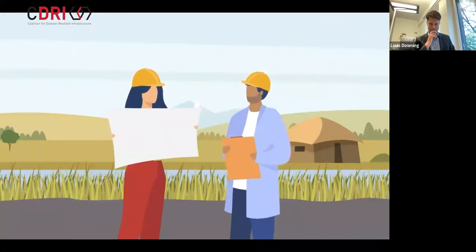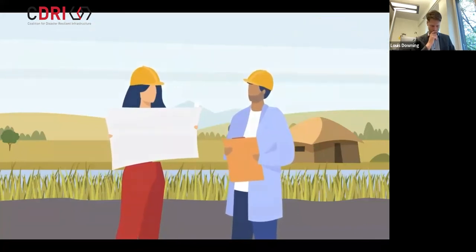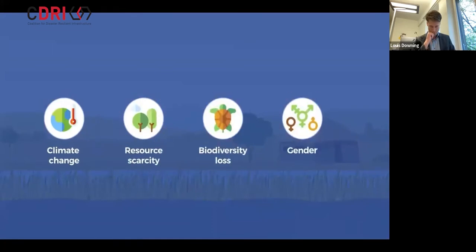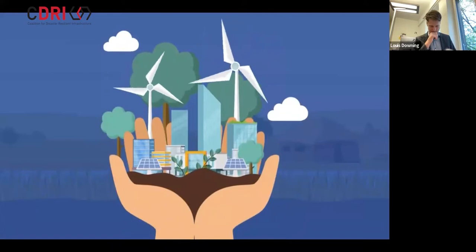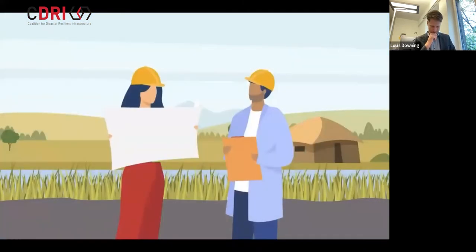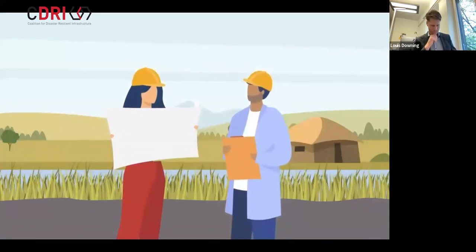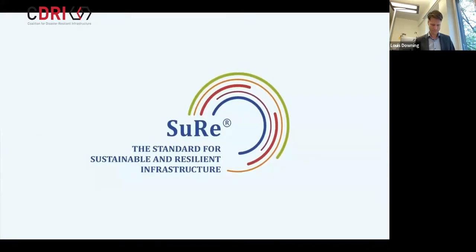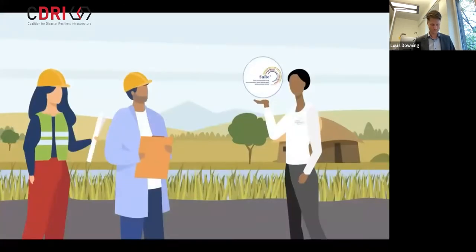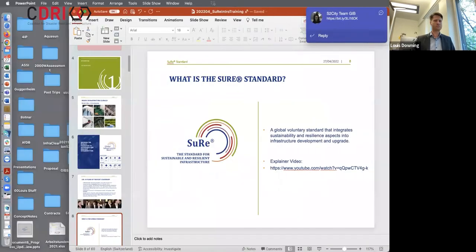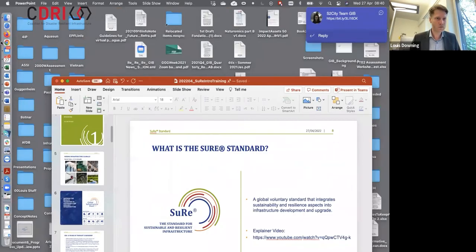In addition, the project needs to navigate environmental and social priorities like climate change, resource scarcity, biodiversity loss, and gender, adapt to new situations, and provide restorative benefits to the natural environment in vulnerable communities. To help navigate this complex space, Samira and Ismail decide to design their project using SURE, the standard for sustainable and resilient infrastructure. Samira and Ismail meet Daria from Global Infrastructure Basel Foundation, who helps them understand the SURE standard and how to prepare their project to be certified as sustainable and resilient.